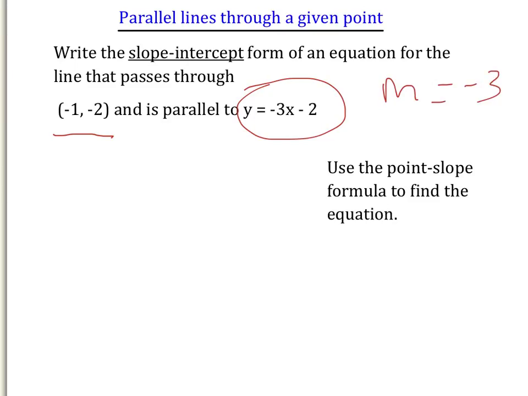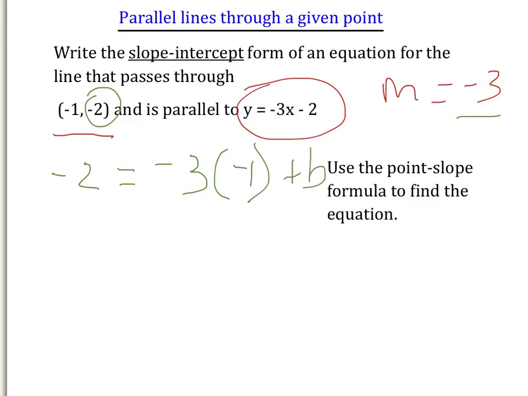I have a point, and I can use that information to find what the y-intercept is. So I'll substitute in x and y. So I have -2 equals, again I'm going to use -3 for my m, -3 times -1 plus b.